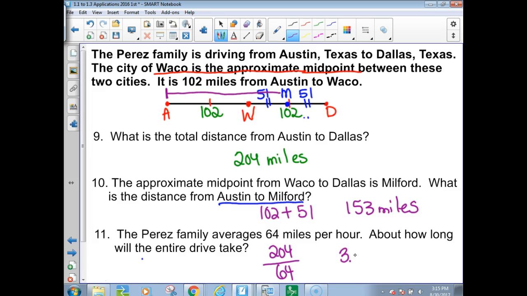So it'd be about 3.2, not miles, but hours. Right? So a word problem would be a good question for the quiz involving the segments and subtracting and dividing by 2, etc.